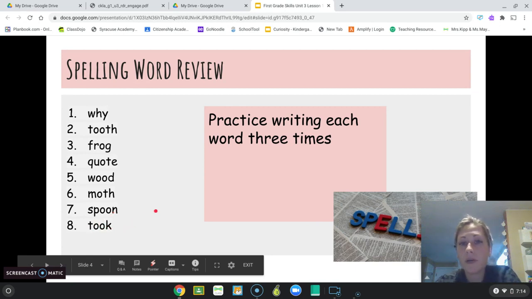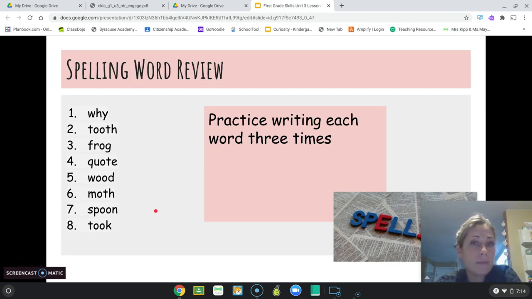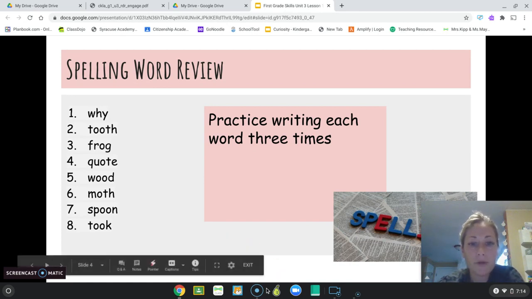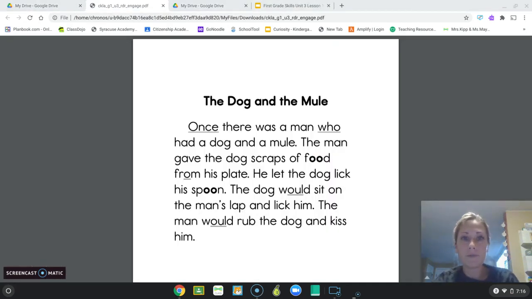I would love it if you guys would practice writing each one of your spelling words 3 times on whatever you would like. Paper, whiteboard, coloring book, I don't care. Whatever you want to practice them on, that would be great so you are ready for your spelling assessment coming up. All right, so now we're going to read The Dog and the Mule.